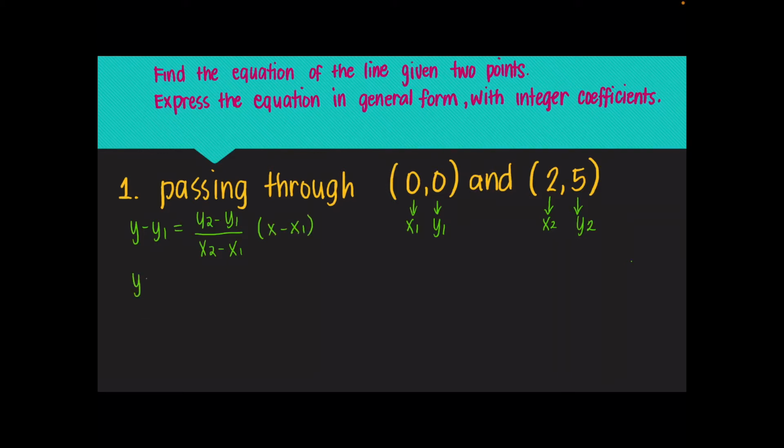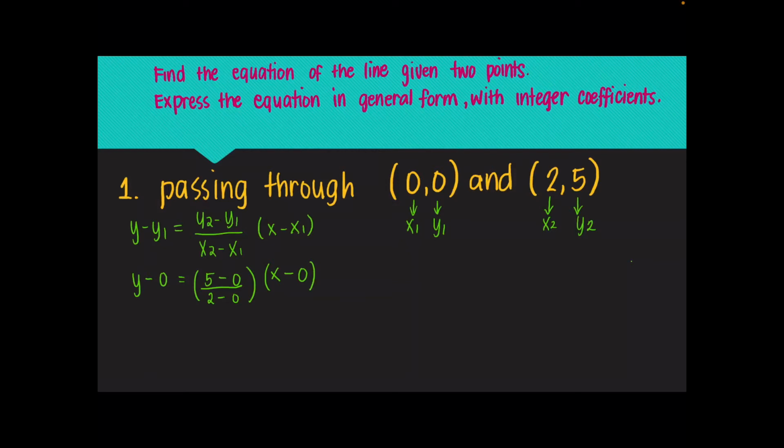Then we will just substitute. Our y sub 1 is 0. Our y sub 2 is 5 minus 0 over x sub 2 is 2 minus x sub 1 is 0 times x minus x sub 1, which is 0.